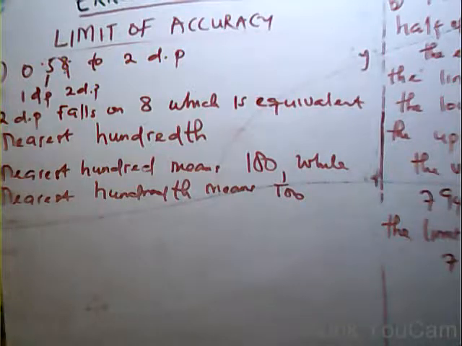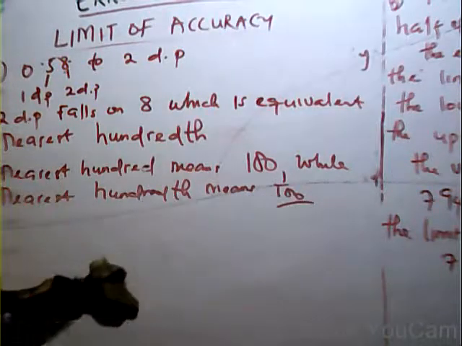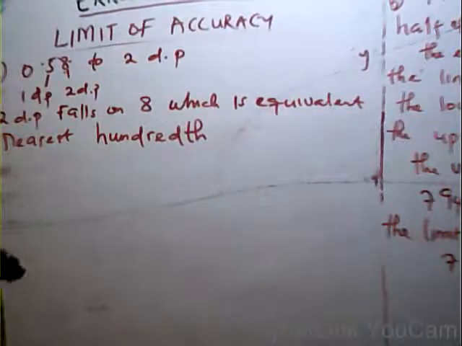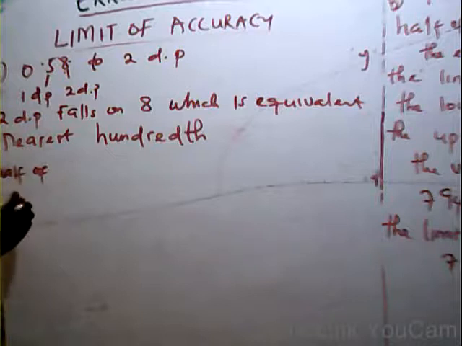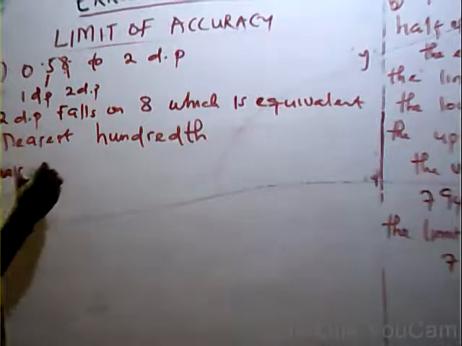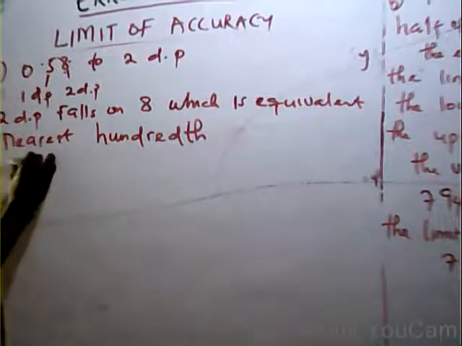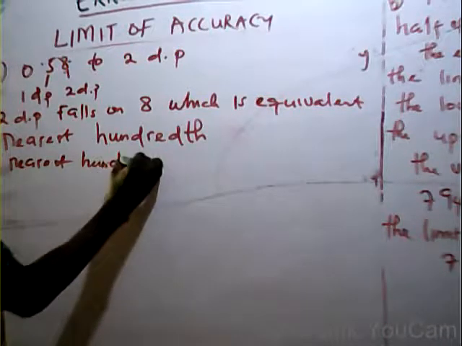So which means here now we are using this one. Are you getting it now? We are using that one. So which means half of nearest hundredth. Nearest hundredth, we said, is this.